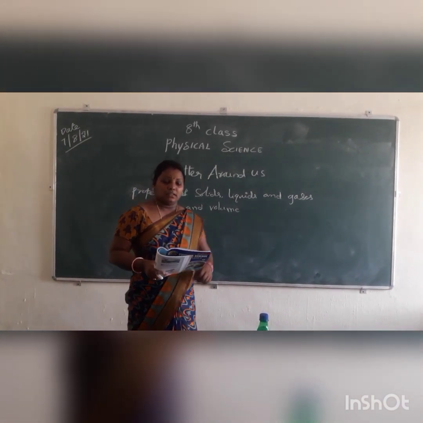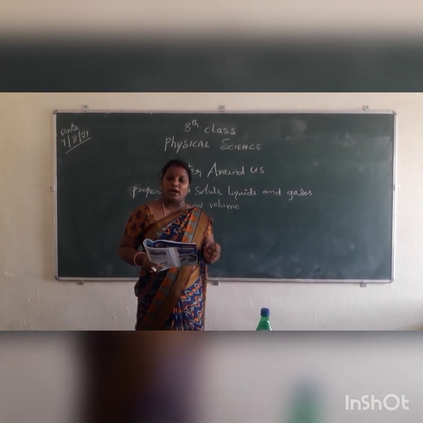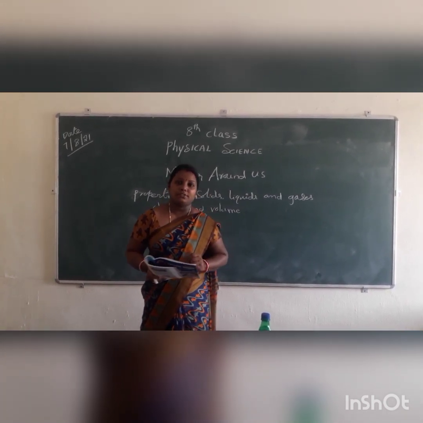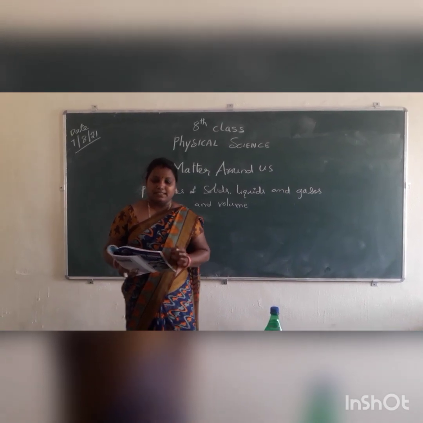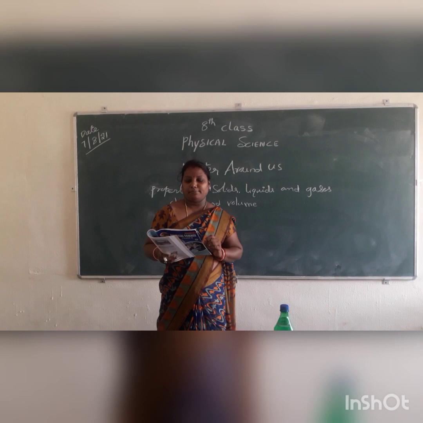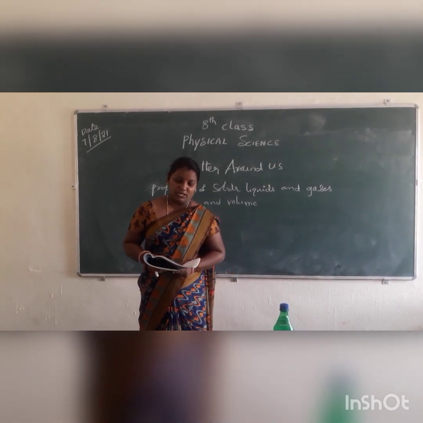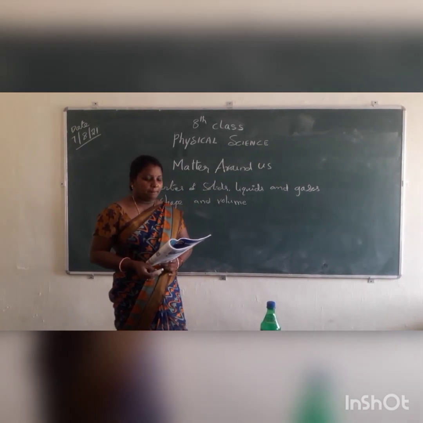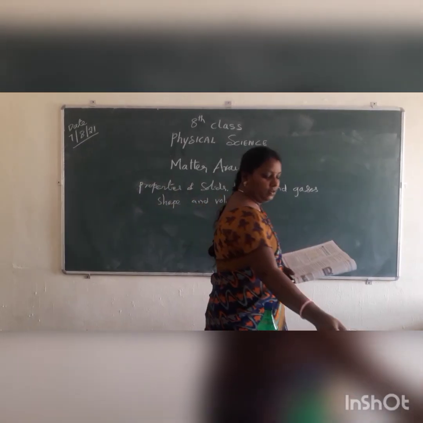Yes, children, let us see activity 1 to find the shape and volume of liquids. That is activity 1, identifying the shape and volume of liquids. For doing this activity, we need a measuring jar. Yes, children, look here.